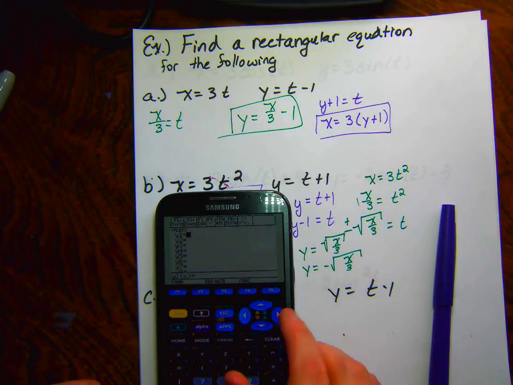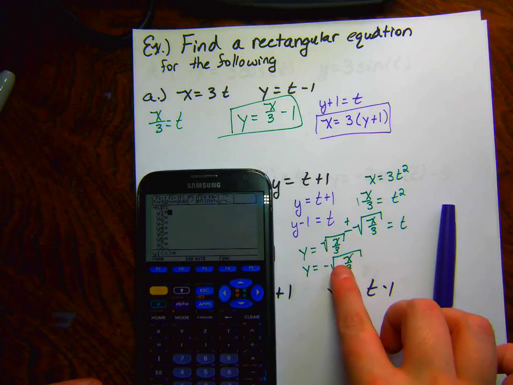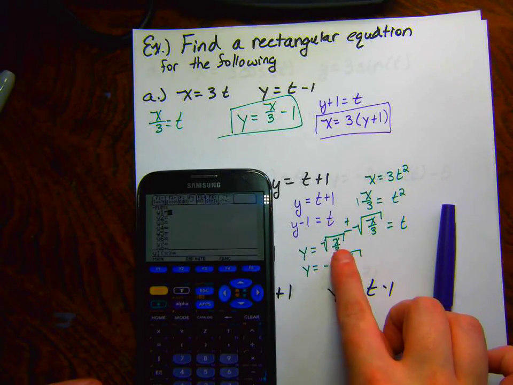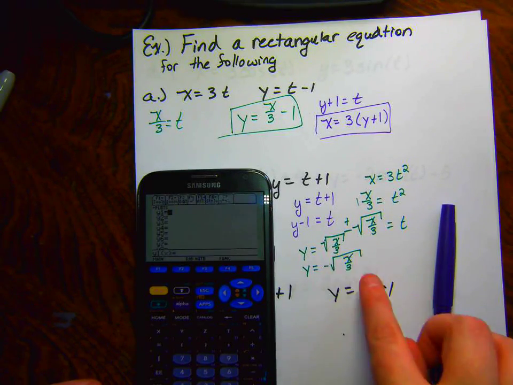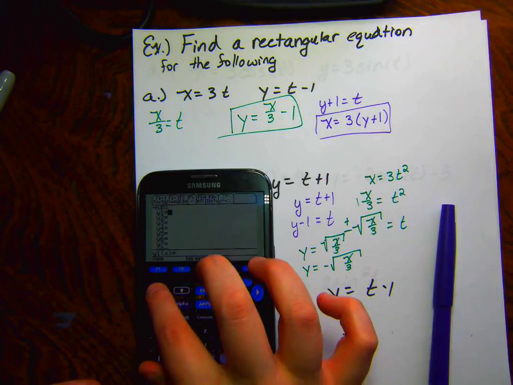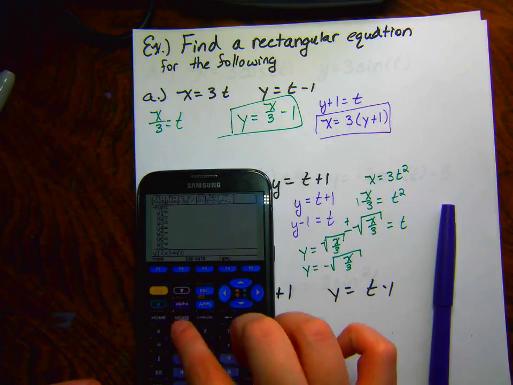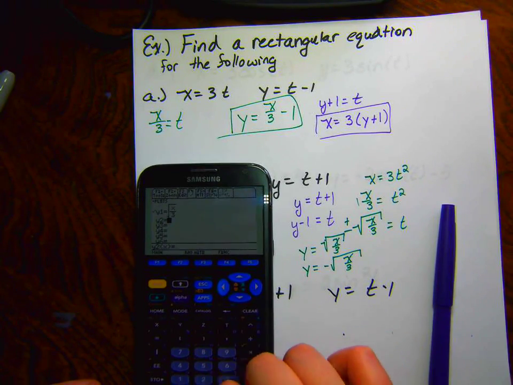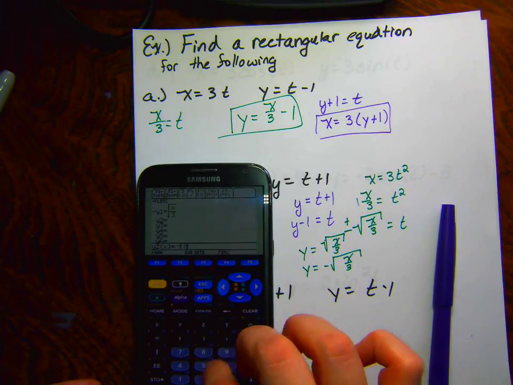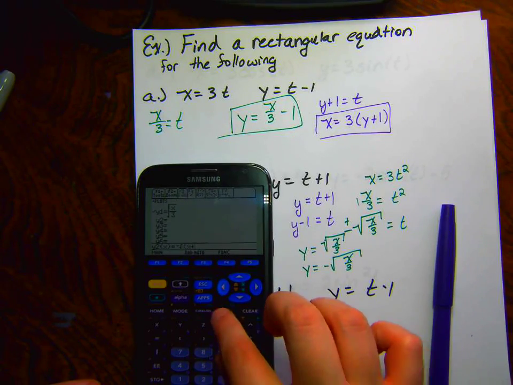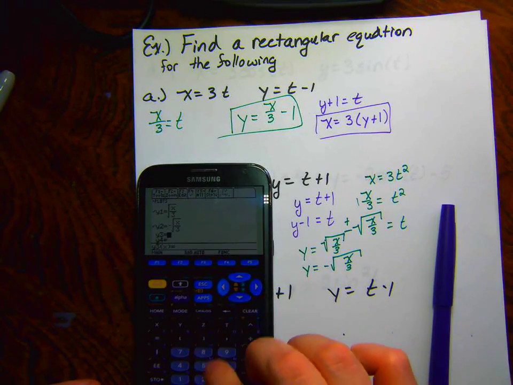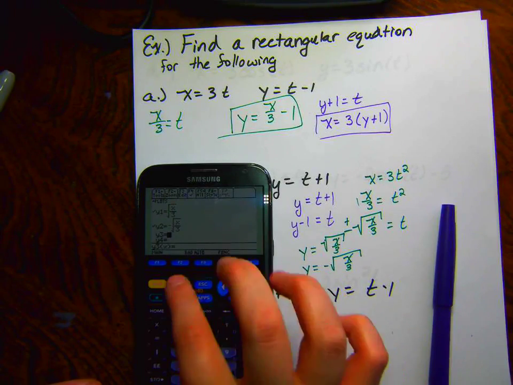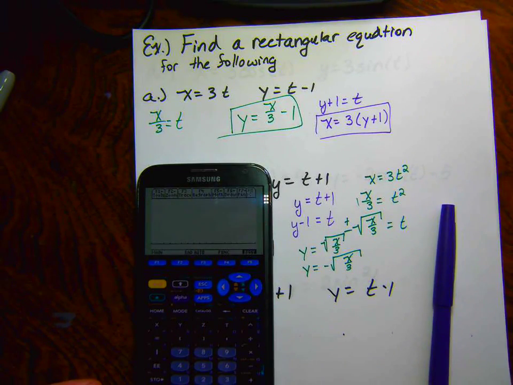Okay, so remember over here I have either the square root of x over 3 or the negative square root of x over 3. So I do the square root of x over 3 and negative square root of x over 3, right, because I had to break it up into two equations, then my graph should look like it did before.